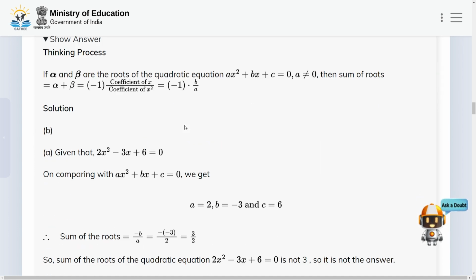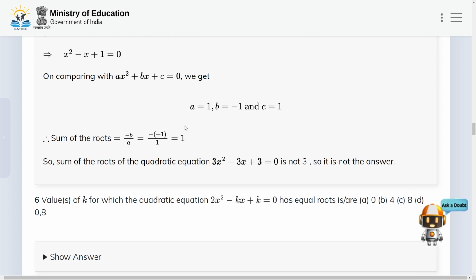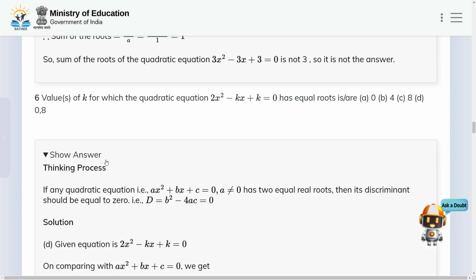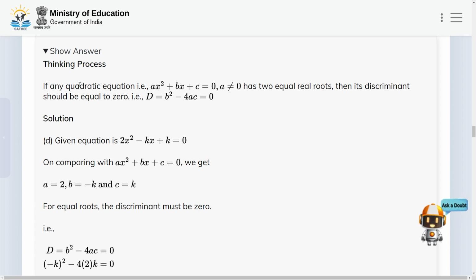And now let us move to question number 6. Here we have to find the value of k for which the quadratic equation 2x² − kx + k = 0 has equal roots. If we know this formula, if a quadratic equation ax² + bx + c = 0, a ≠ 0, has two equal roots, then its discriminant should be equal to 0.